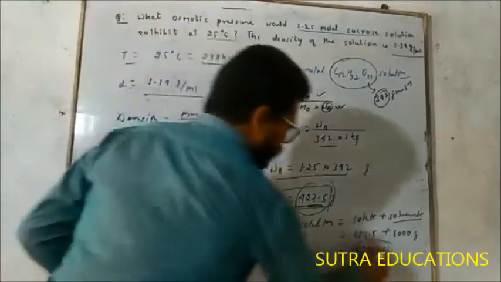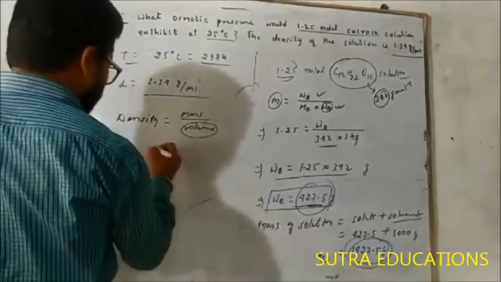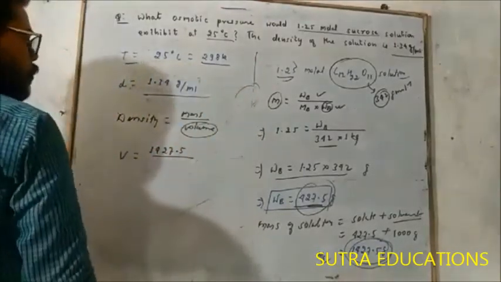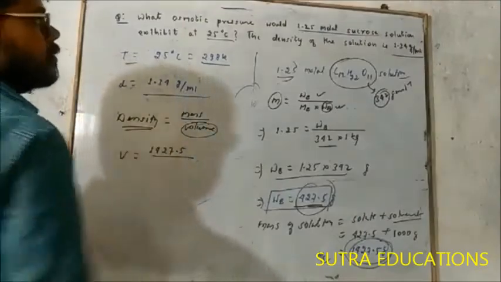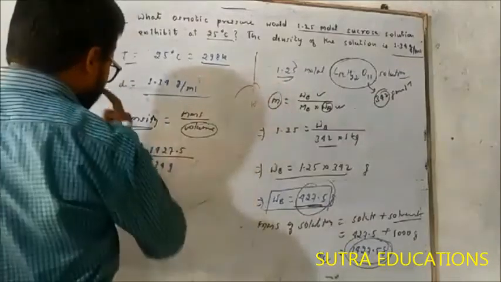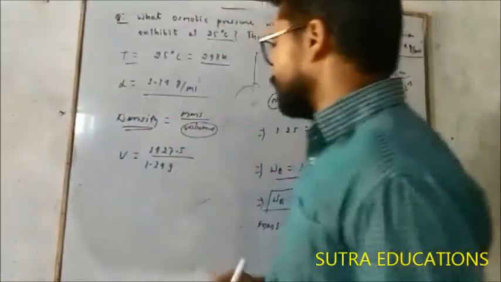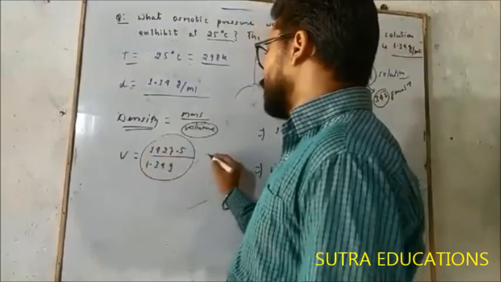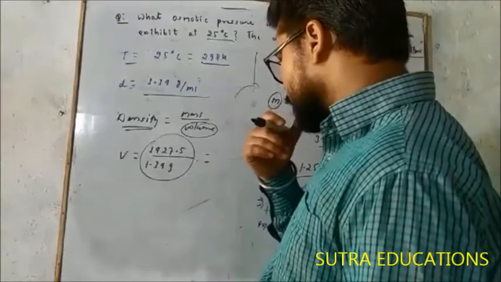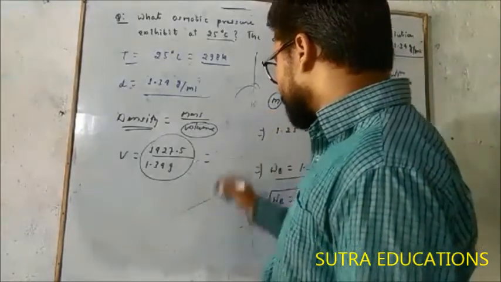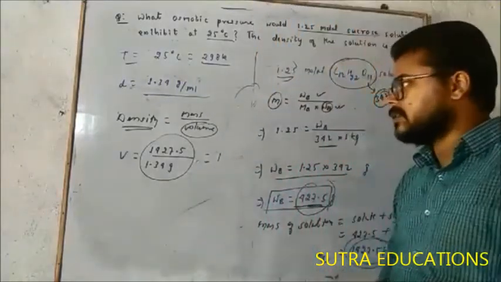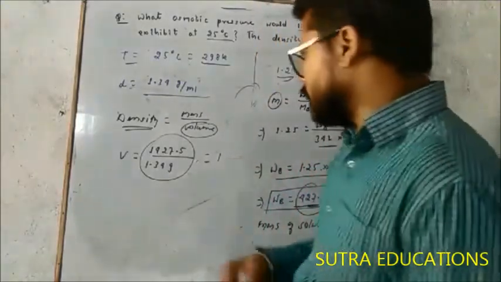Mass of solution we have calculated, 1427.5 upon density, which is given, na, 1.34 gram per ml. Getting this or not? So from here we will calculate volume, and I think it will be about 1000 something. Okay, just calculate it. So now we will get volume.